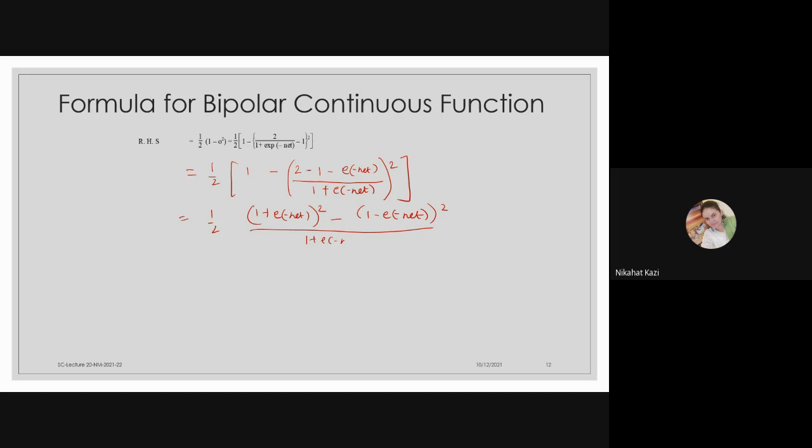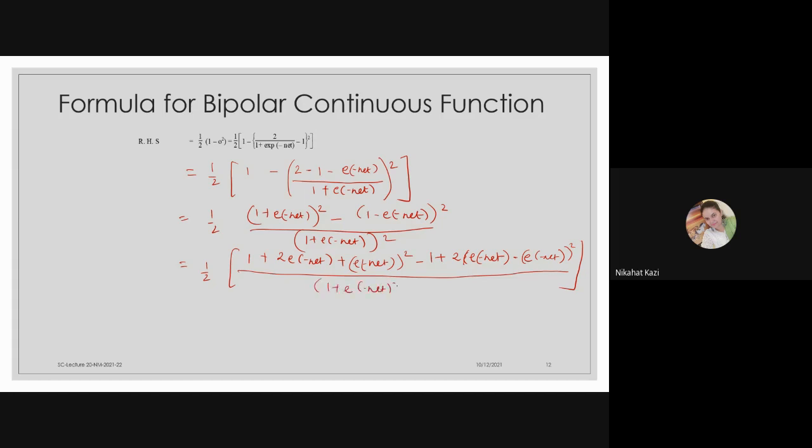And then, if I open these brackets up, a plus b the whole square, a minus b the whole square, what will I get? 1 plus 2 times e raised to minus net plus e raised to minus net, the whole square, minus 1, minus into minus is plus, 2 times e raised to minus net, minus into plus is minus, e raised to minus net the whole square, upon 1 plus e raised to minus net, the whole square.